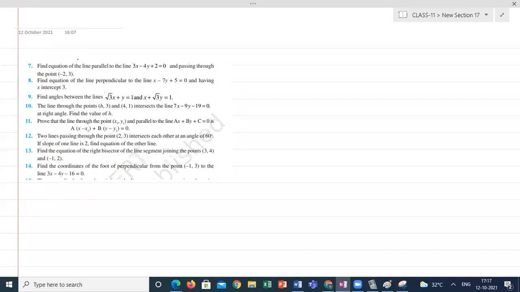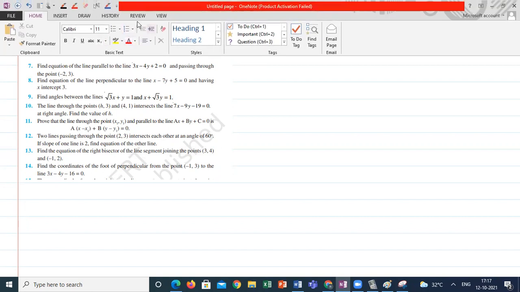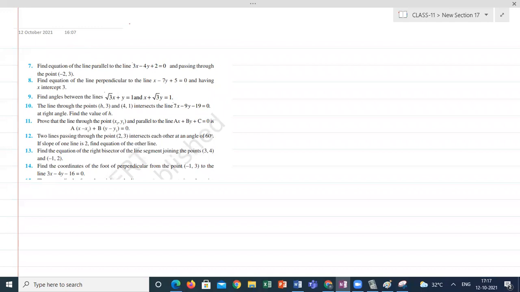Sir, 3x minus 4y plus 18. 3x minus 4y plus 18. Let's see whether I am also getting the same answer or not. What is the answer? 3x minus 4y plus 18.